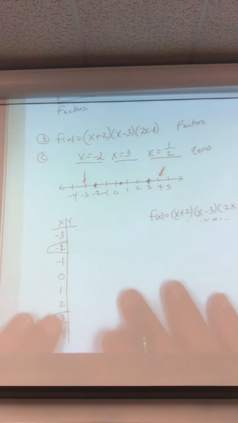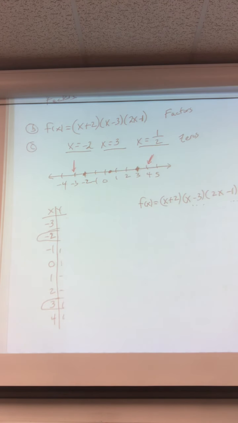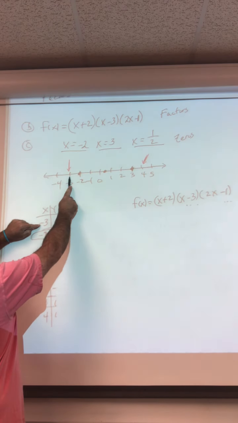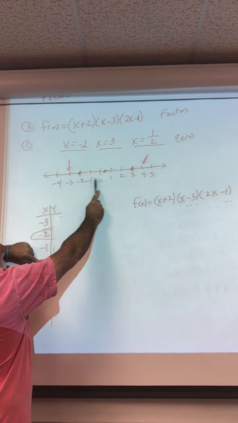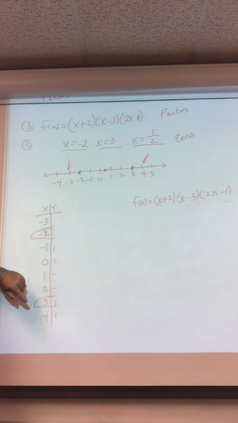So here they are. So -3 starting here, -2, we know what that's going to be, 0. -1, 0, 1, 2, 3, and 4.